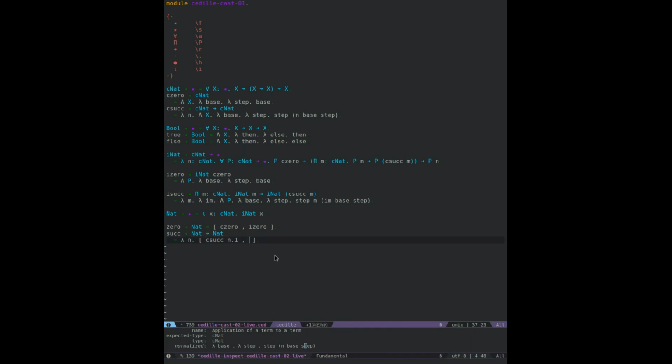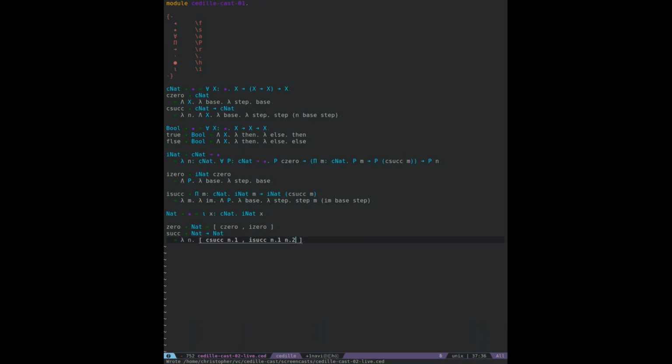For the INAT case, we run into trouble. In order to satisfy the requirements of I successor, in order to produce an INAT of C successor, I have to give it n.1 and n.2.